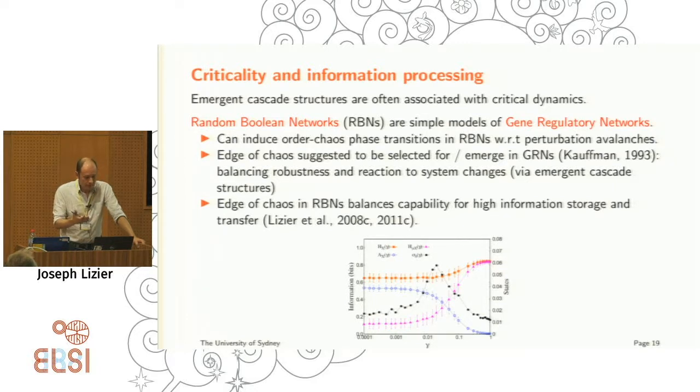Now, that doesn't mean that systems necessarily have to be or even drive towards these critical points, but it does suggest there are some computational advantages in doing so, in being able to flexibly implement very different kinds of information processing and switch between them with very small changes. I think Sarah's going to talk a lot more about criticality and some related measures in her talk shortly.